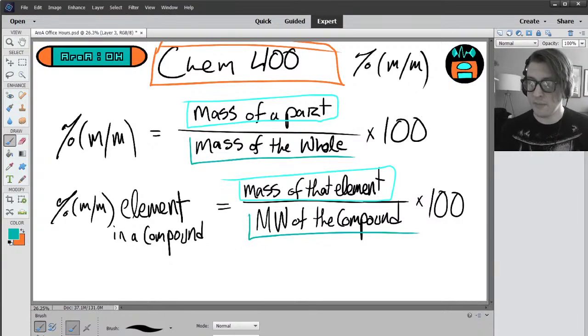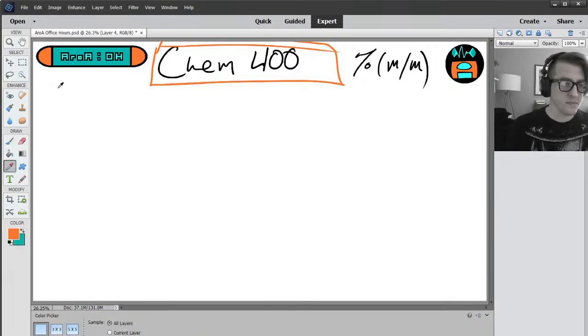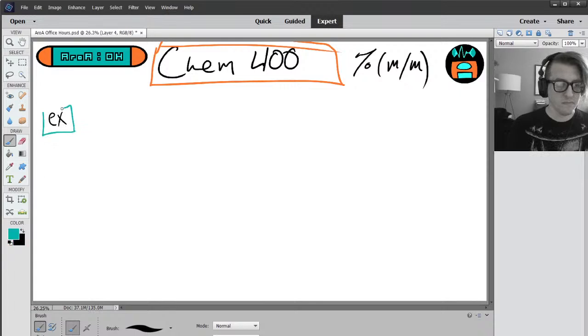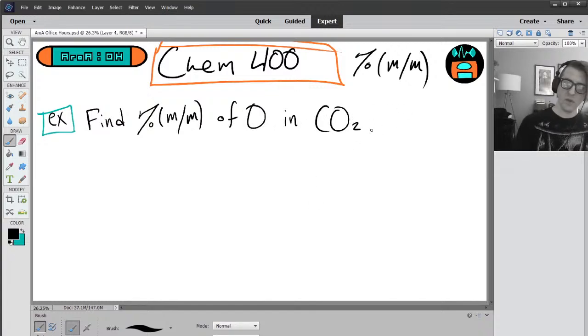So, for example, let's do a concrete example here. Let's find the percent mass of oxygen in carbon dioxide, CO2.